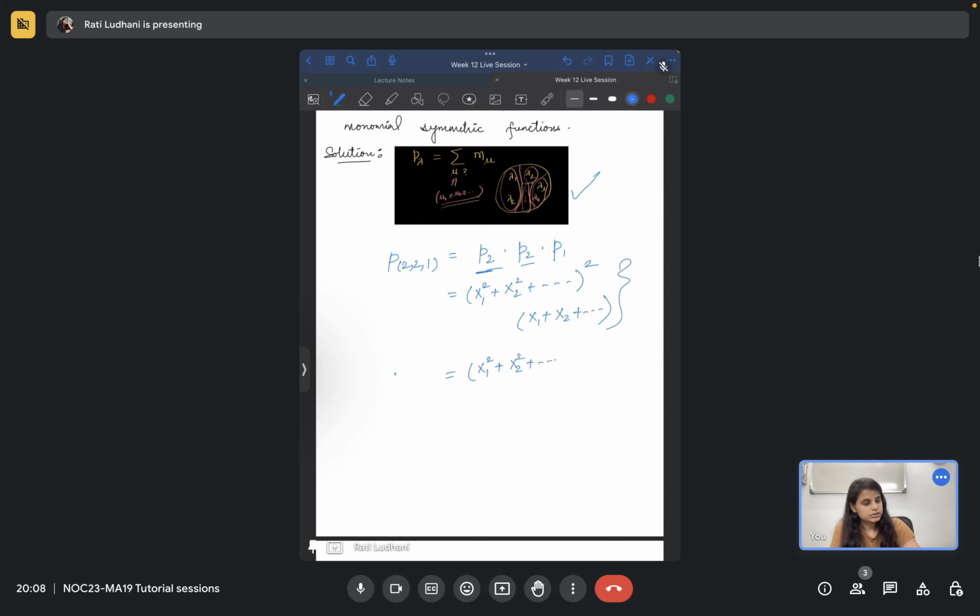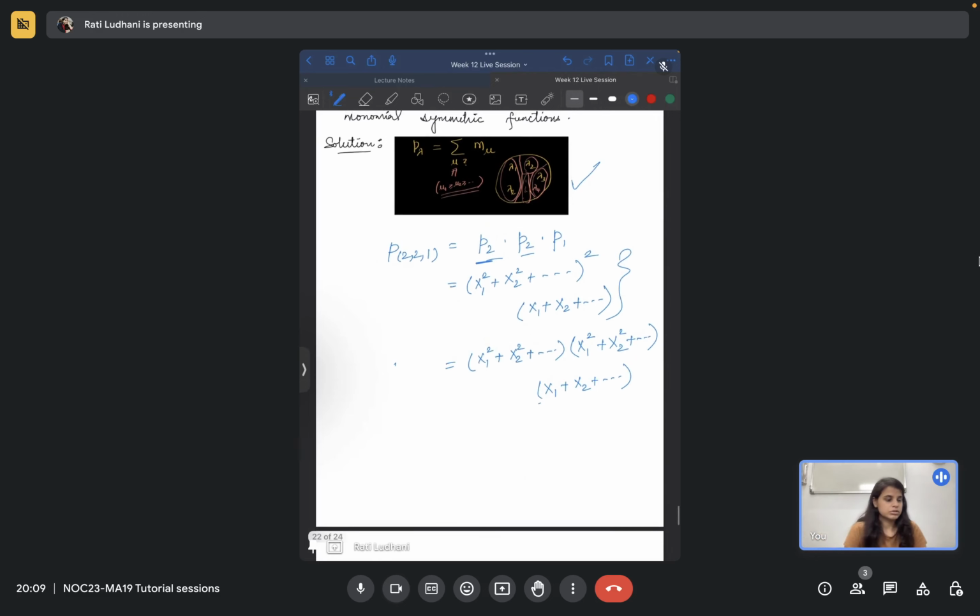I'm just expanding what you have in terms of a square, and this is x1 plus x2 plus up to xn. So think about it, now you need to find out why m is coming into the picture. What does m capture?